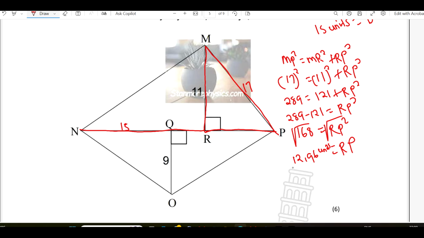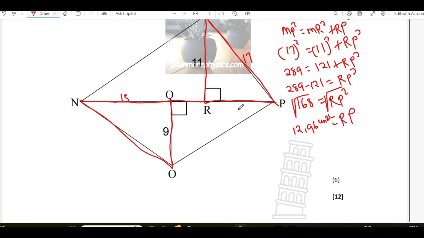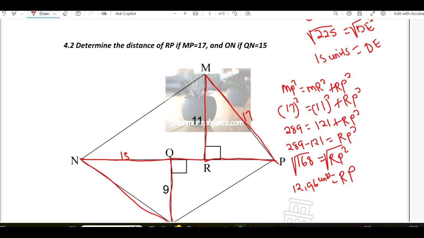QN is 15, meaning that we are using this right angle triangle, this one. We are looking for ON. So ON is the longest side. So I'll write it here.